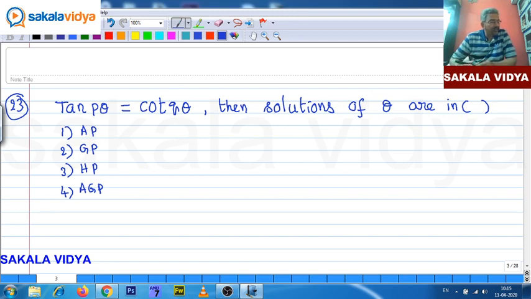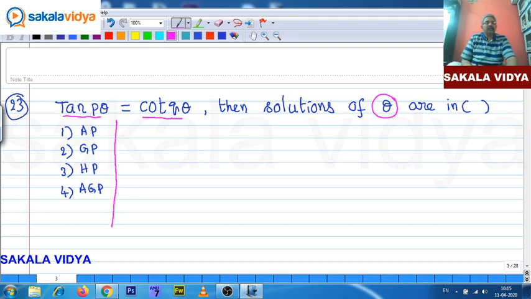Now see this question: tan p theta equals cot q theta, then solutions of theta are in which progression, that we need to find out. So let us express cot in terms of tan.